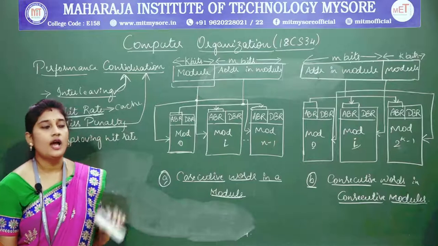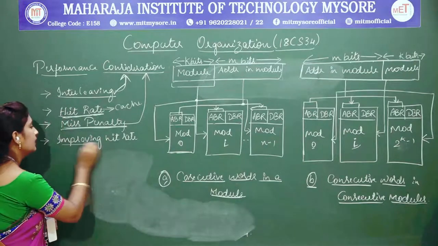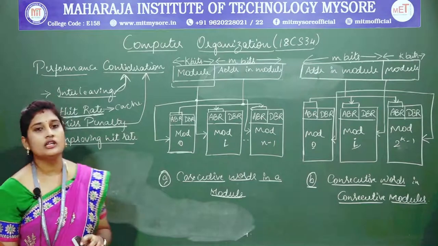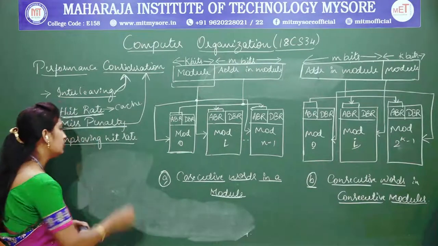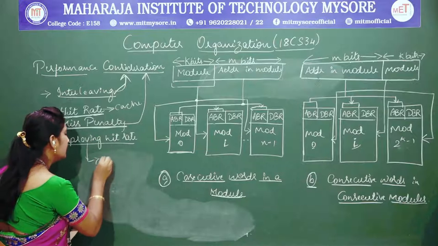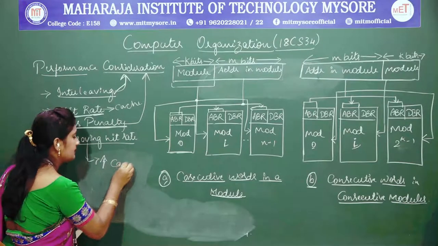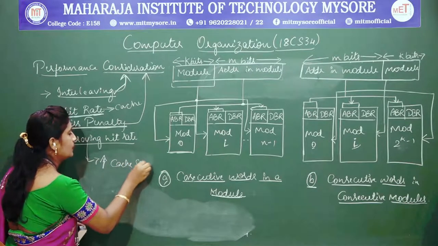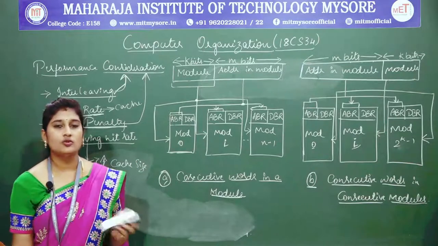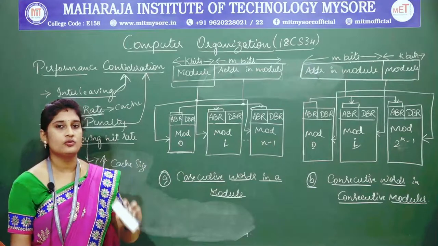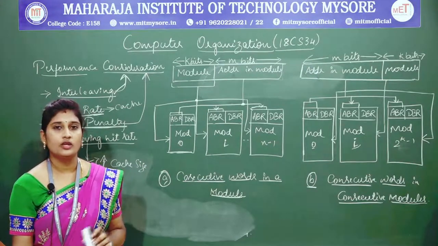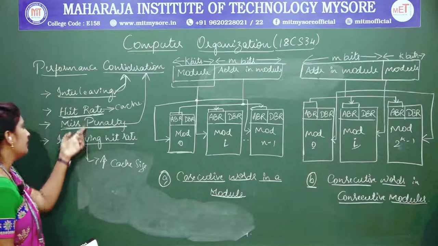Fine, understood. And also you can improve the hit rate. So how can you improve the hit rate? There are two ways you can improve the hit rate: by increasing the cache size. As you already know, cache is a temporary storage. You cannot fit everything which is in your main memory, but I want to increase my hit rate.